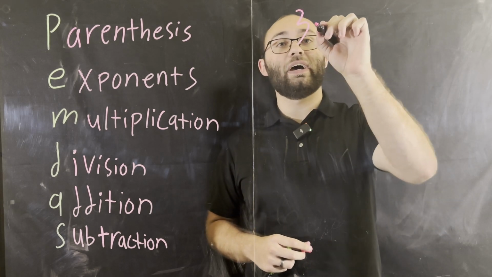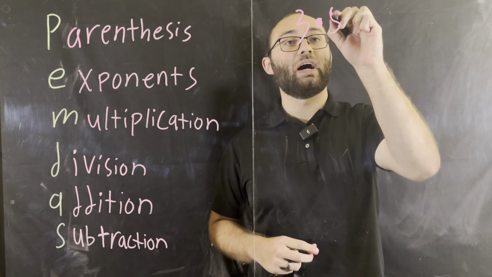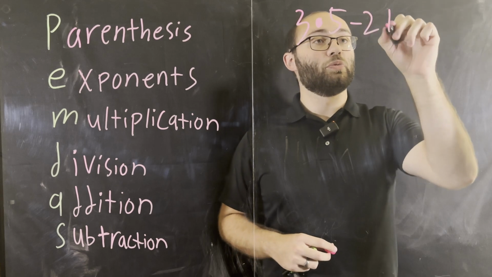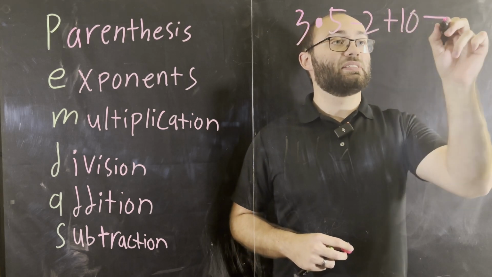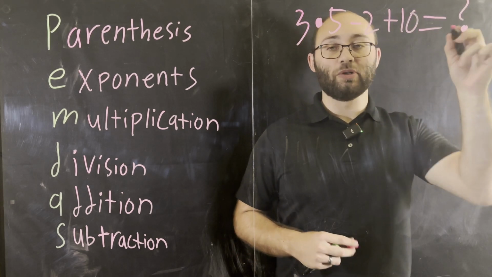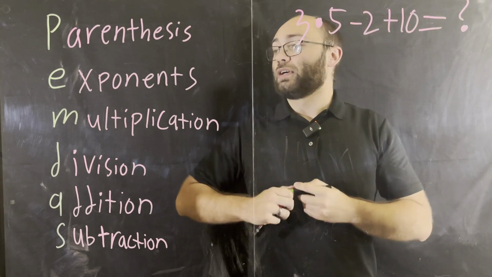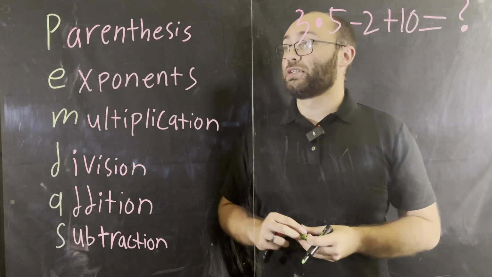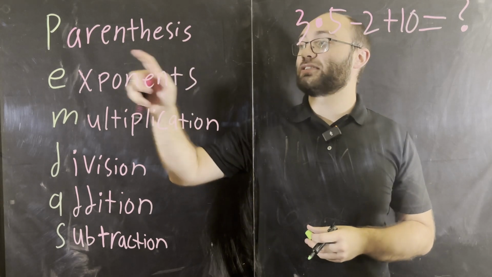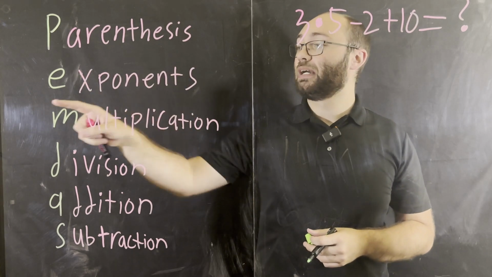So for example, if I had something like 3 times 5 minus 2 plus 10, and I set that equal to, well, what does that equal? We need to evaluate it. If I follow our order of operations from top to bottom, first we check for parentheses. Nope.